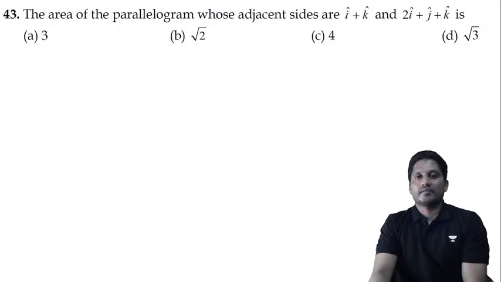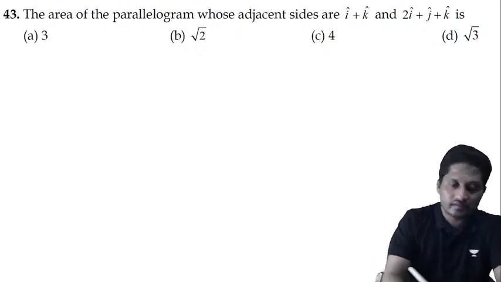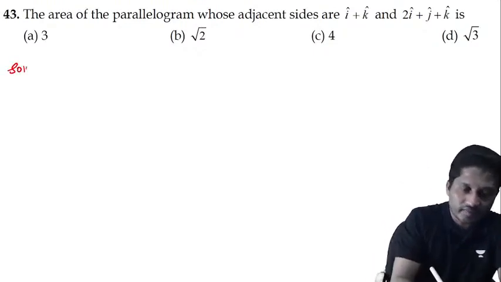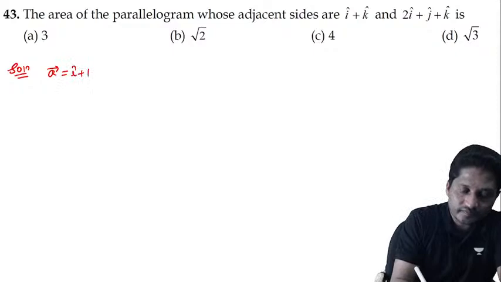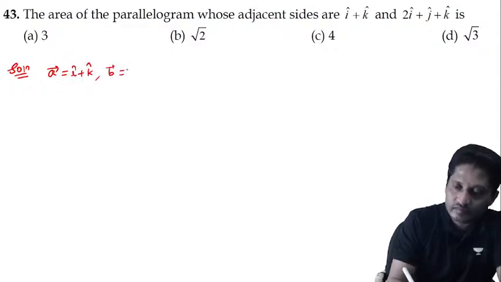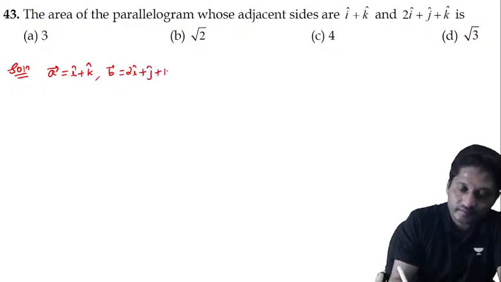Area of a parallelogram whose adjacent sides are represented by the vectors. Now vector A, I'm going to take vector A is equal to i plus k, and vector B is equal to 2i plus j plus k.